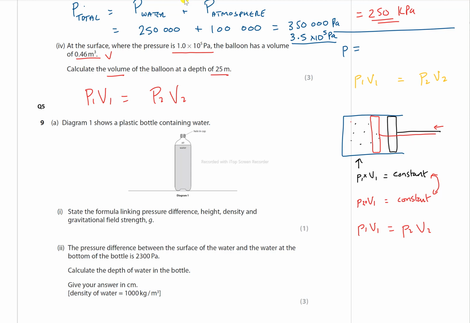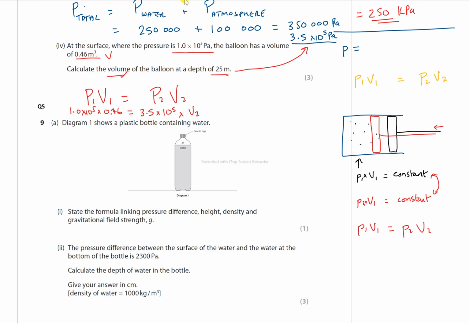So initially the pressure is P1 V1, which is 1.0 times 10 to the 5 times the volume, which is 0.46, is equal to, we're trying to work out the volume. We know the pressure there is 3.5 times 10 to the 5, not 350,000, times the volume. We don't know that. And we rearrange that.